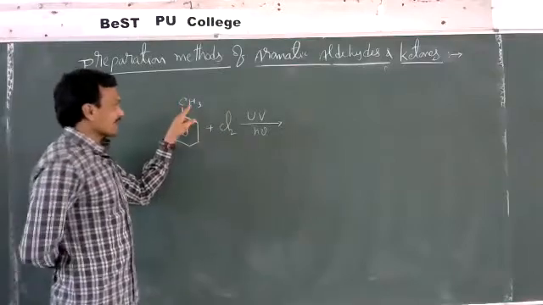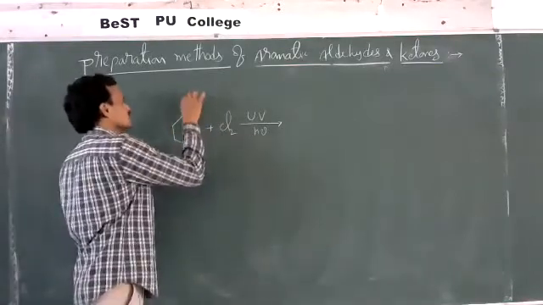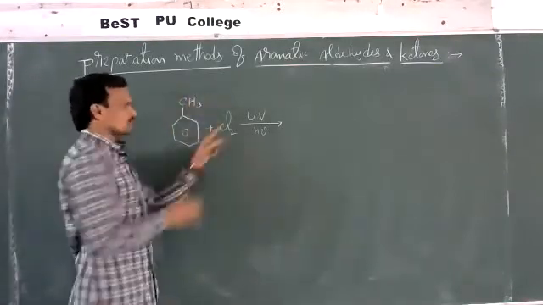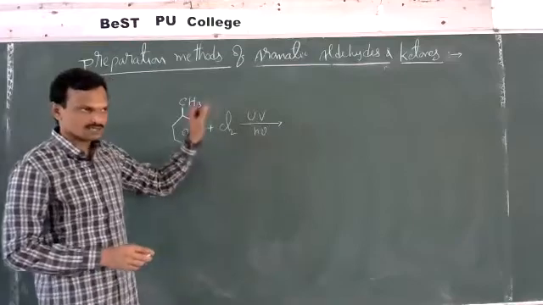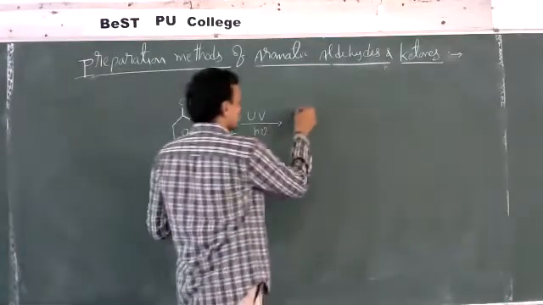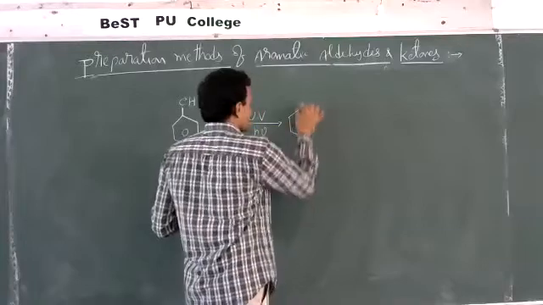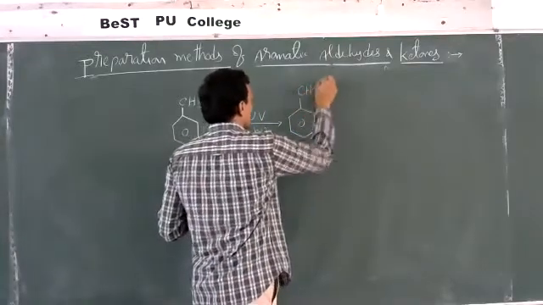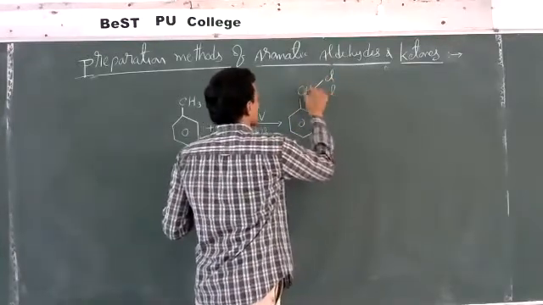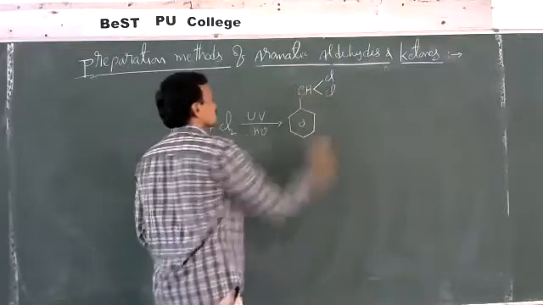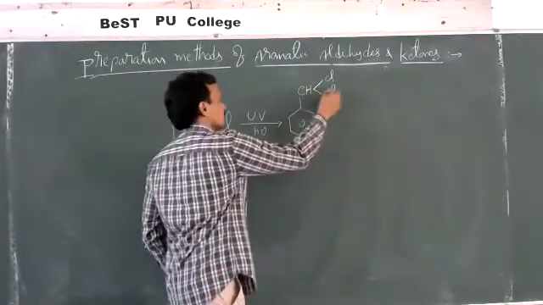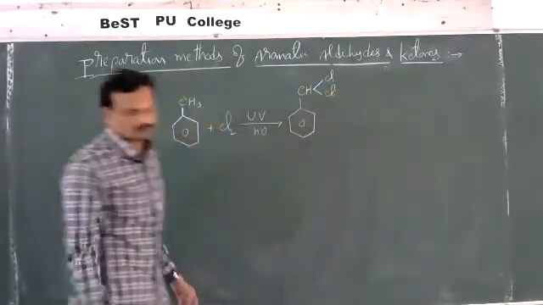So halogenation of this alkyl side chain in the presence of sunlight gives a geminal dihalide. That means 2 hydrogen atoms of the methyl group are replaced by 2 chlorine atoms. A geminal dihalide will be formed.